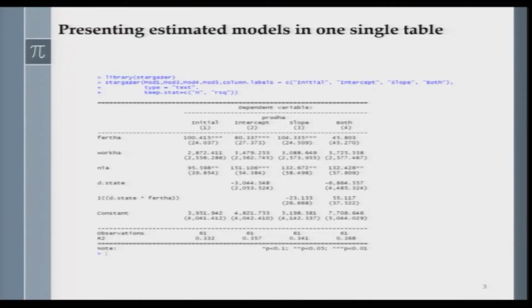In this simplified example the dummy variable is not significant, so it is not impacting the intercept parameter of the regression equation, and it is also not impacting the slope parameter of the fertilizer input use variable.